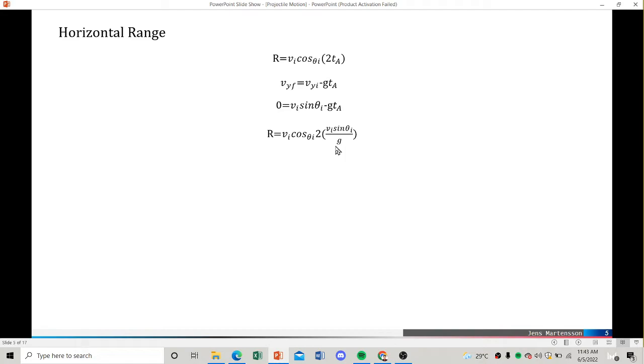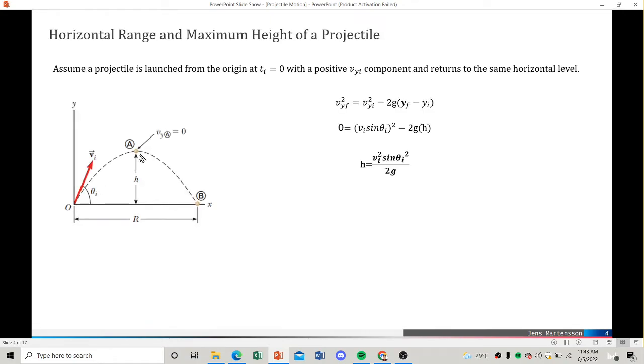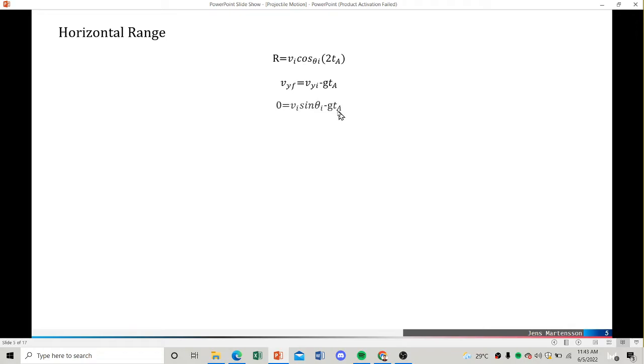This is from here to here, at this point, so it is only time a that we use. Time a.